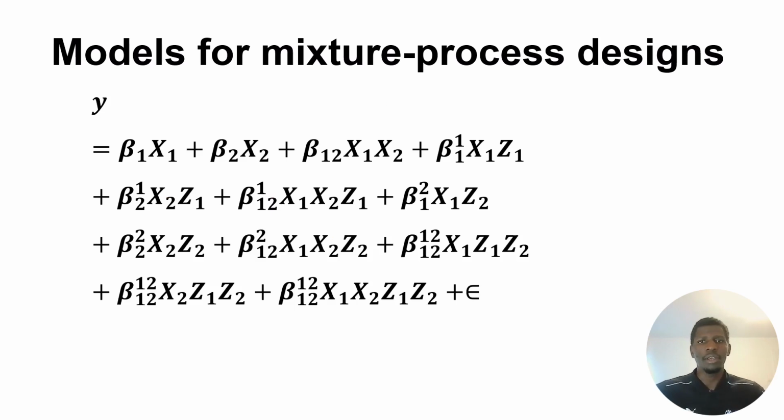Let us break down the complex form of a mixture process design using a very simple example. Let's consider a process again that involves the baking of a product, and we are combining two ingredients, X1 and X2, and we want to know how the combination of these ingredients affects the protein content.